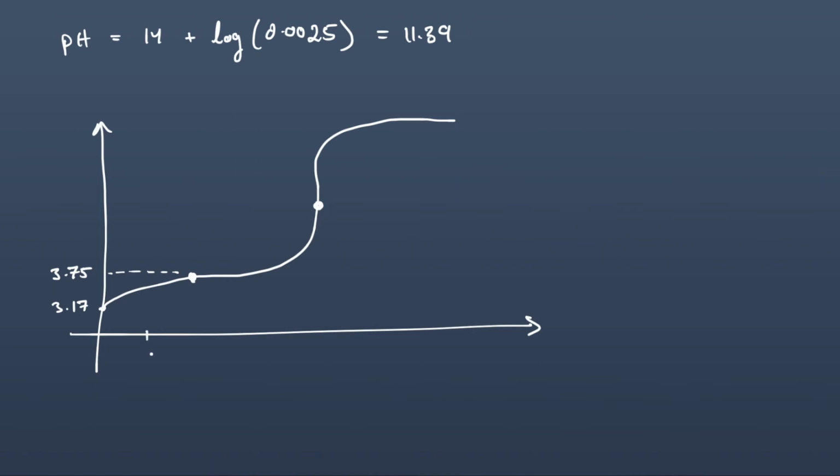At this point here, which is 10 mils of NaOH, at 5 mils we calculated a value of 3.25. And then here at 15 mils, we calculated slightly higher, 4.28.